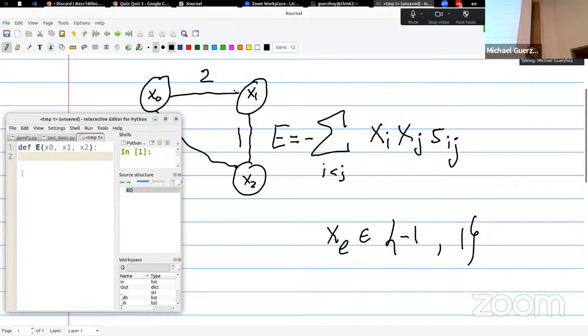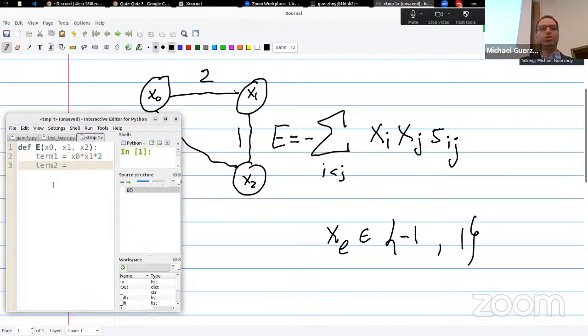So I'm going to compute the first term. That's going to be x0 times x1 times 2. So this is x0, x1 times this 2.